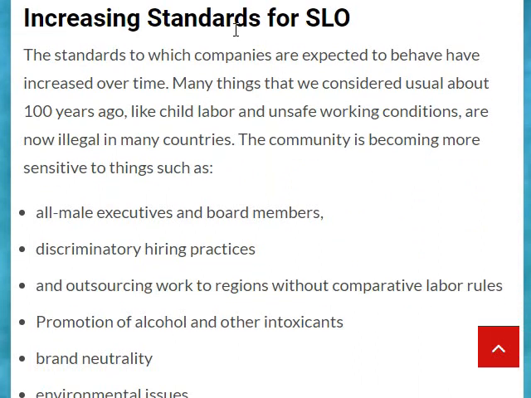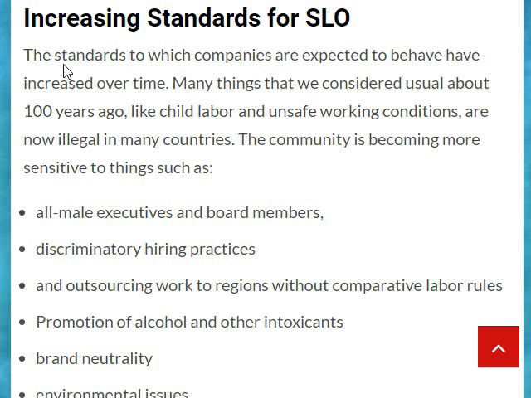Increasing standards for social license to operate. As we are progressing, we are moving towards a world which asks for good business practices, fair business practices, non-discriminatory practices, environmentally friendly practices. So the standards for social license to operate have increased. And why am I saying so?